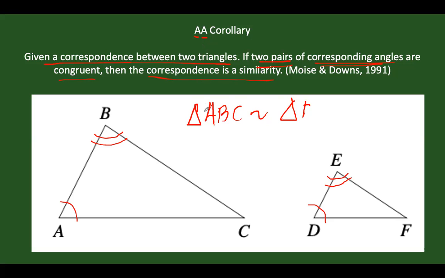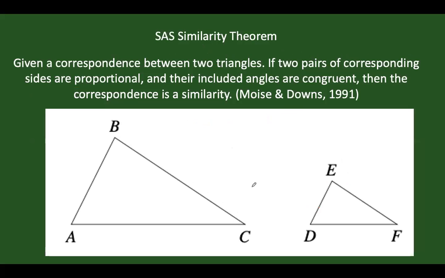So these are the two theorem and corollary for similarity of triangles that can be used. All right. Now let's proceed to the next theorem. We have the SAS similarity theorem. Now the SAS sounds familiar because we've been using SAS for proving that the two triangles are congruent.